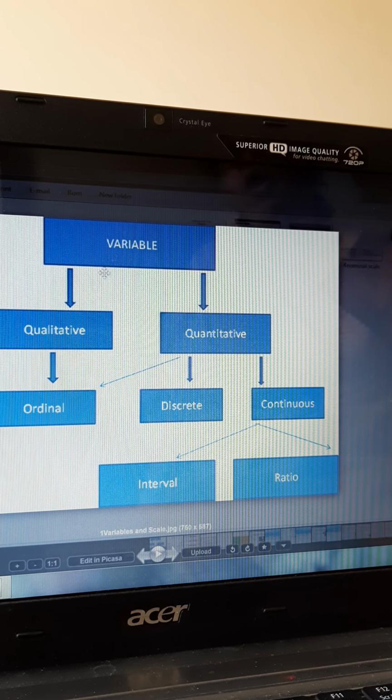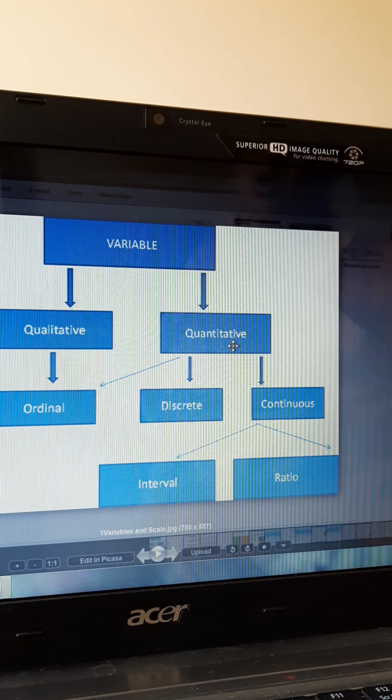Let us replace this word variable by question so that you will understand it. Every question either collects a qualitative data or a quantitative data. Every question which is a variable in your questionnaire collects either a qualitative data or a quantitative data.